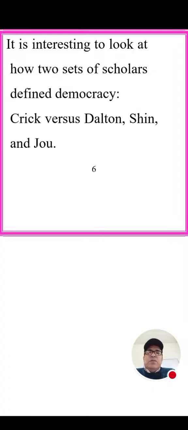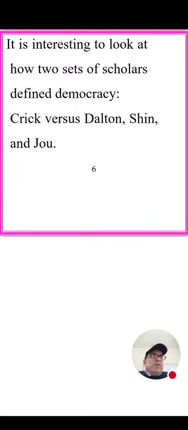It is interesting to look at how two sets of scholars defined democracy: Bernard Crick versus Dalton, Shin, and Zhao. Bernard Crick has published a book, a very brief introduction to democracy.